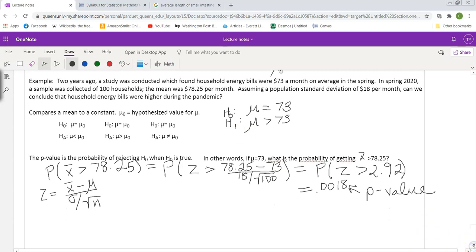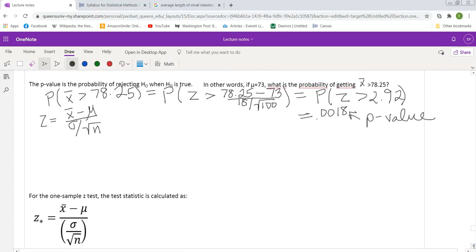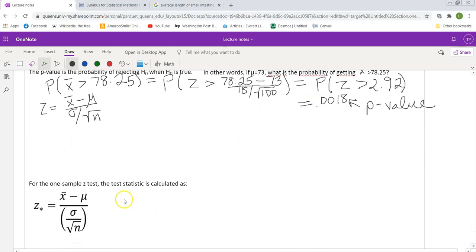So now that we've seen where that formula comes from, I feel comfortable to tell you that the test statistic is calculated using this formula, and we really should put mu naught there. So x bar minus mu naught over sigma over the square root of n. That's our test statistic for this hypothesis test.